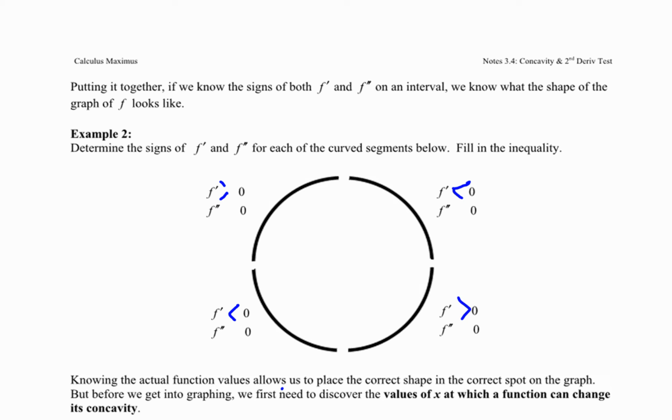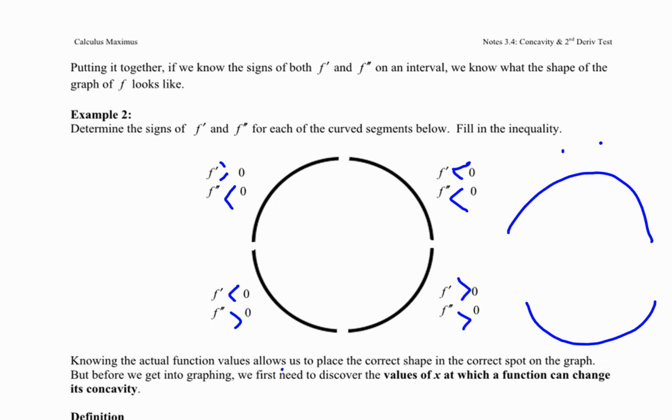Now let's look at f double prime. The top 2 are concave down like a frown, and the bottom 2 are concave up like a cup.